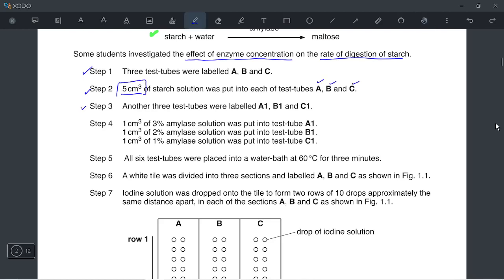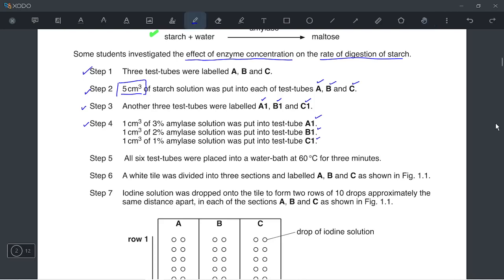Step 3. Another 3 test tubes were labeled A1, B1 and C1. Step 4. 1 cubic centimeter of 3% amylase solution was put into test tube A1, 1 cubic centimeter of 2% amylase solution into B1, and 1 cubic centimeter of 1% amylase solution into test tube C1.